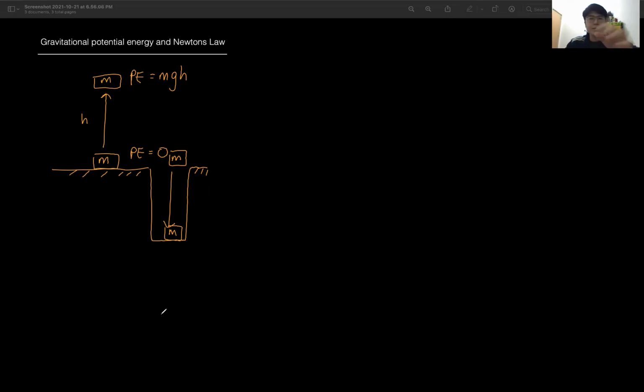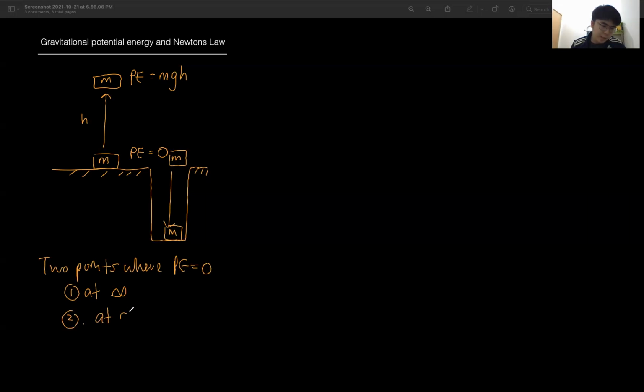So one is at the center of the planet, another one is at infinity, we say. The point is very, very far away that we just call it infinity. So we say here 2 points where PE is equal to 0. First is at infinity, and second is at the center of the Earth.